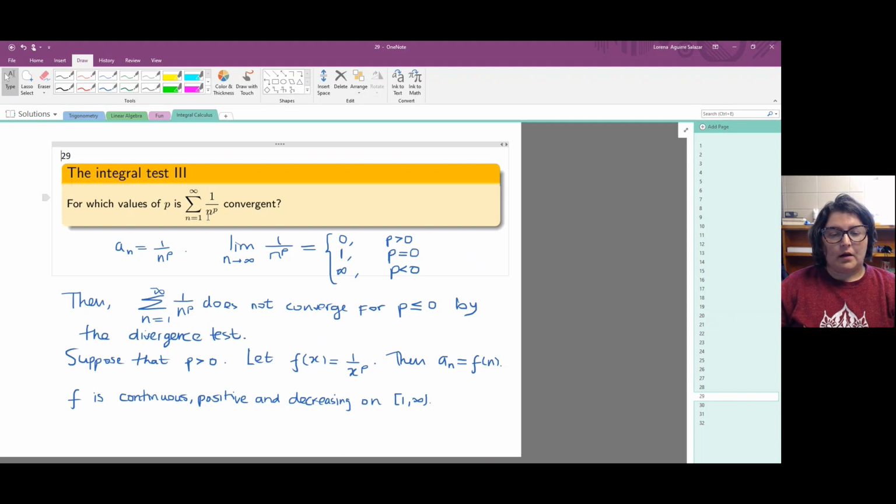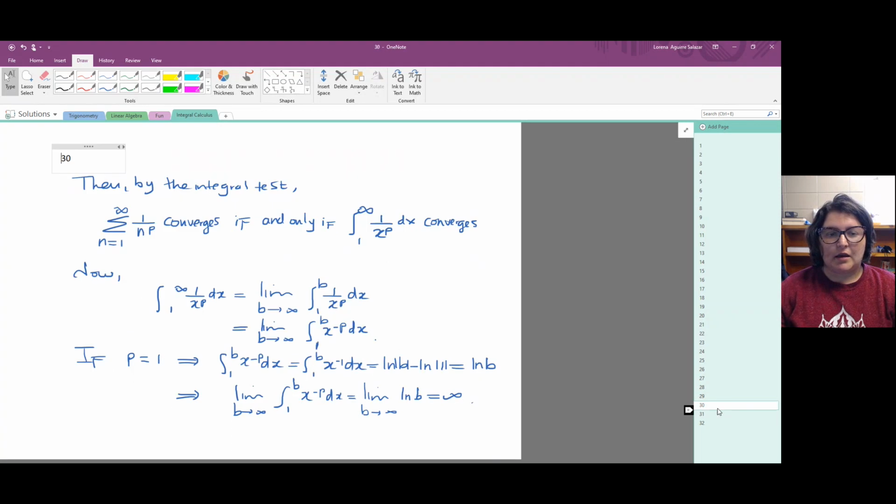From then on, we supposed that p is positive. We analyzed p positive in greater detail, and we saw that f equals 1 over x to the p is continuous, positive, and decreasing from 1 to infinity. Then we used the integral test to say that our series converges if and only if the integral from 1 to infinity of 1 over x to the p converges.